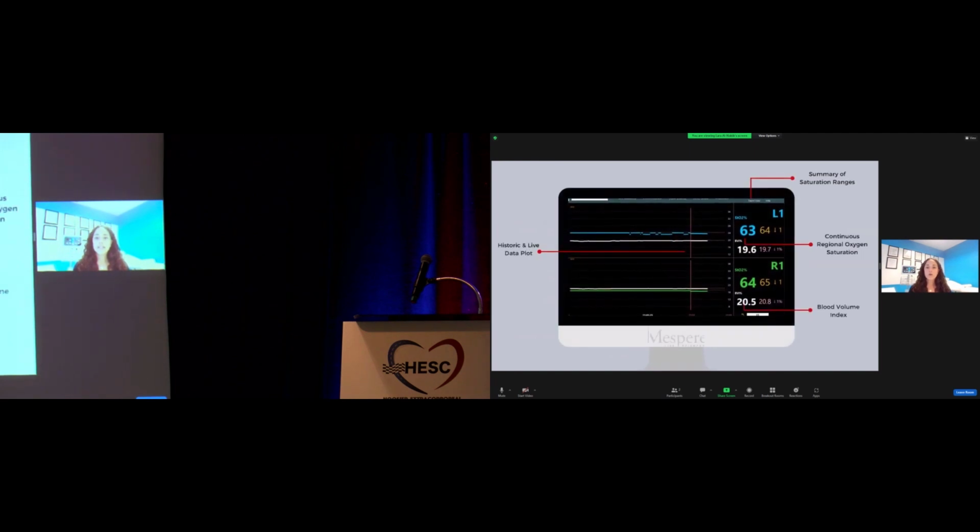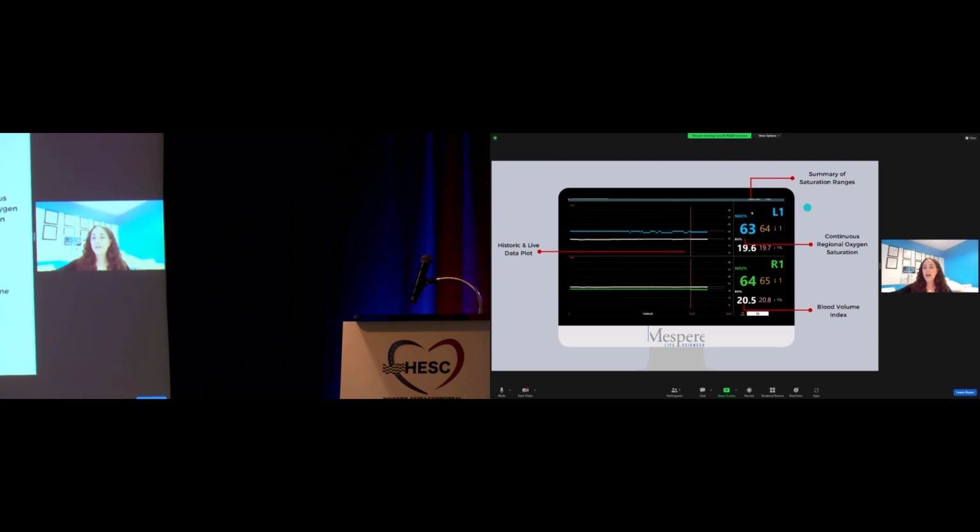I wanted to give you guys a quick look at the software or the user interface before I switch screens and go into a live demonstration. But over here at the top, we have what I like to call a summary of saturation ranges. I'll walk you through a little bit more about that in the demonstration, but generally it just gives us a live overview of what is happening throughout the reading.